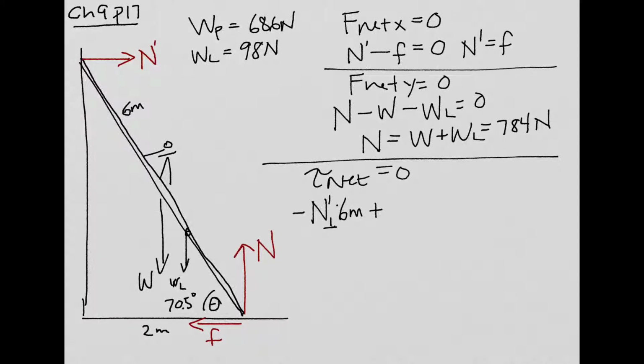The second torque we see is a positive torque of the weight of the person acting at 3 meters. And again, it's the perpendicular component of that weight. That's counterclockwise, which we call a positive torque. Same thing for the weight of the ladder. That's acting at 2 meters. And we know that that sums to 0.